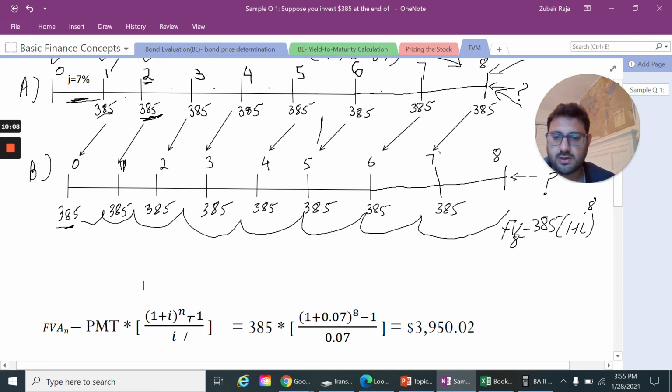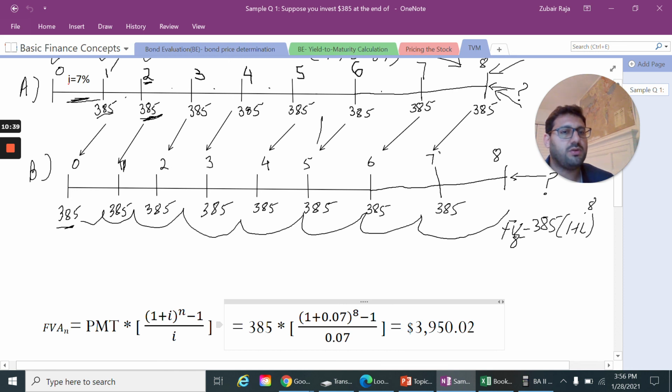So what can I do now over here? PMT. What is PMT? It's the equal payments. Equal payment is 385. 1 plus the interest rate, which is 7%. And in formulas, you write not in terms of percentage. You actually have to convert into decimals by dividing the percentage by 100, raised to the power 8, minus 1, whole divided by the interest rate.